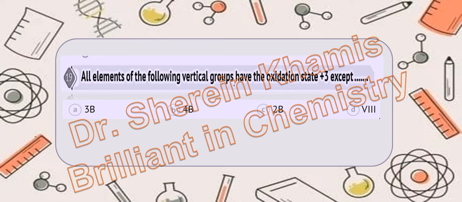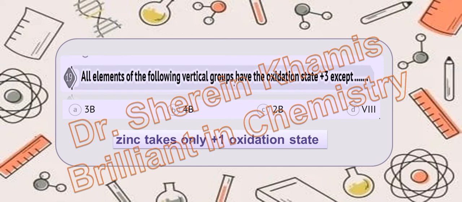Zinc takes the oxidation state of +2 only, as zinc is present in group 2B, or we can write IIB, or as a digit 2B.